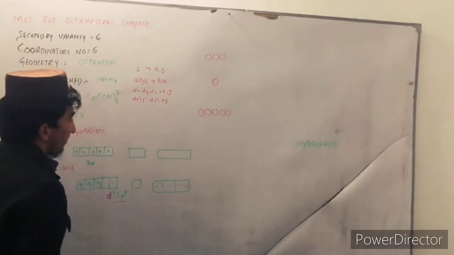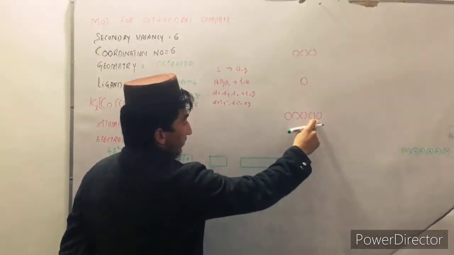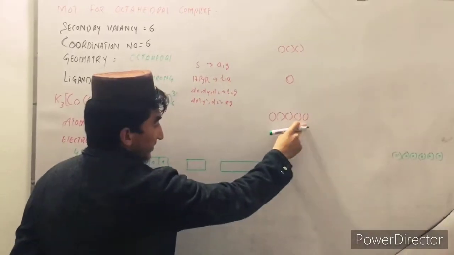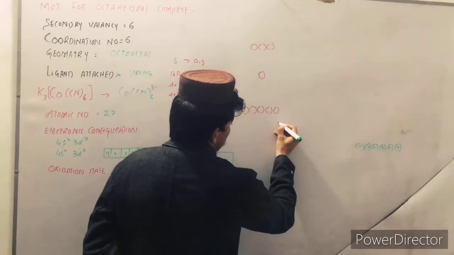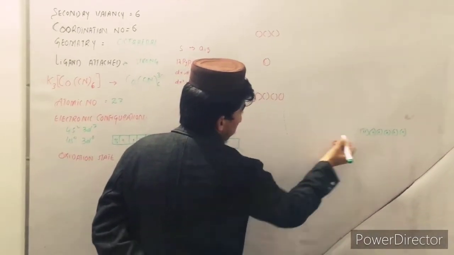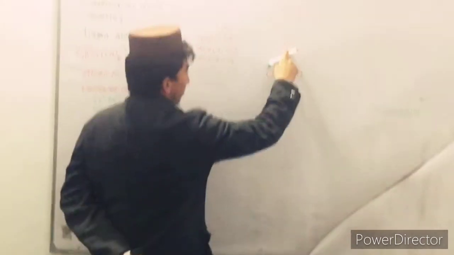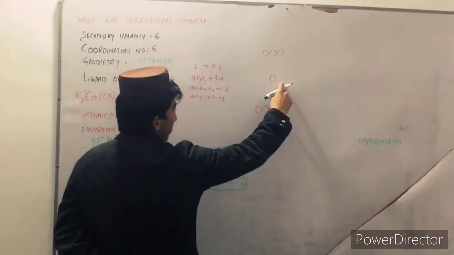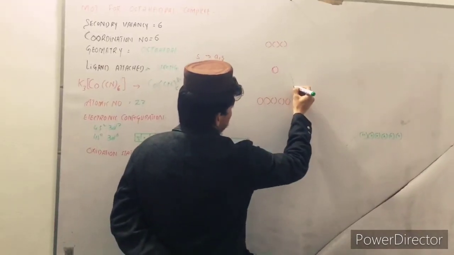In this case only the dz square and dx square minus y square make bonds. But before this, first of all, let's make this: the 4s is made over here, so you can make it like so.